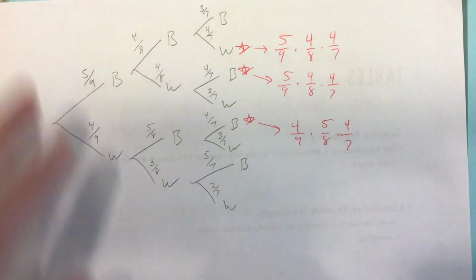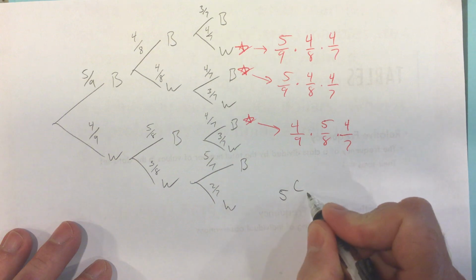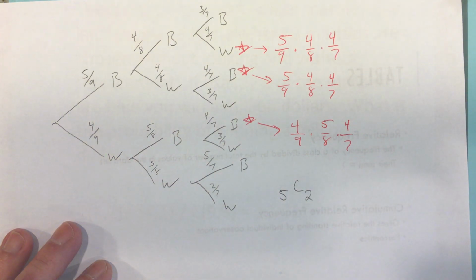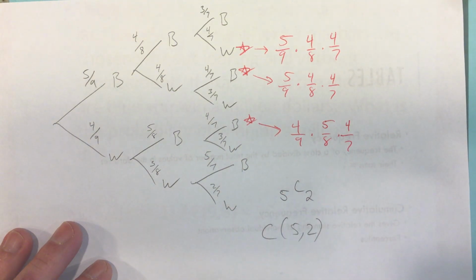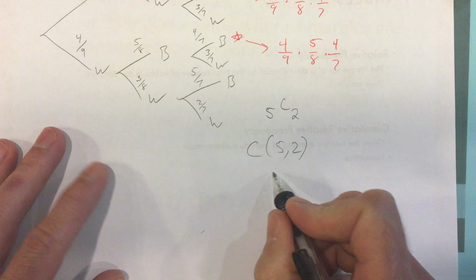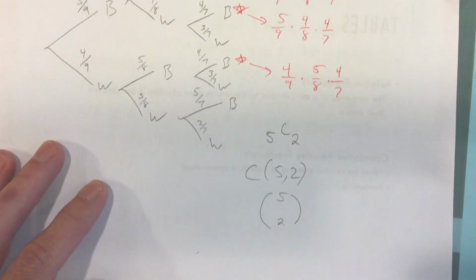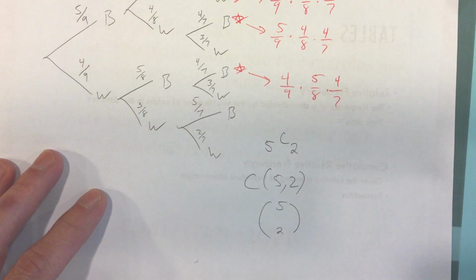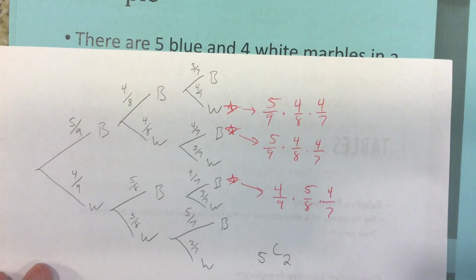Depending on how you wrote this when you first learned it, you could write it like that, 5C2. You might write it like this. I've seen that. And you might also see it like this. I'm not sure what notation you're familiar with, but 5 choose 2. That's for the blue marbles.